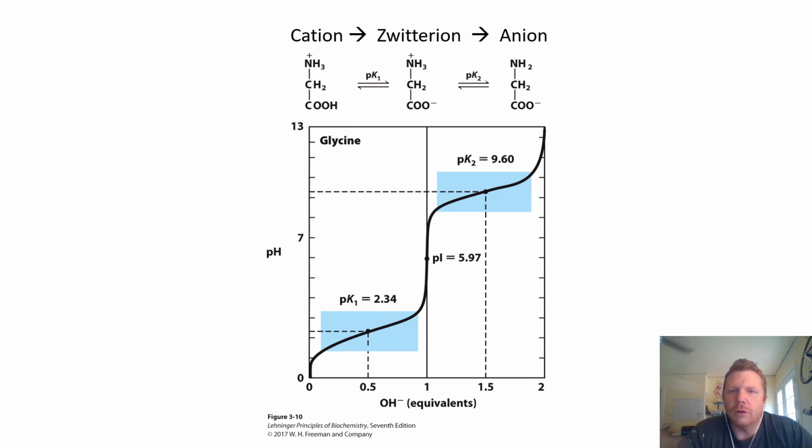Okay, here is an example of the amino acid glycine. Let's start at the top, where we have the cation form of glycine. Glycine has an alpha hydrogen and its R group is simply a hydrogen as well.